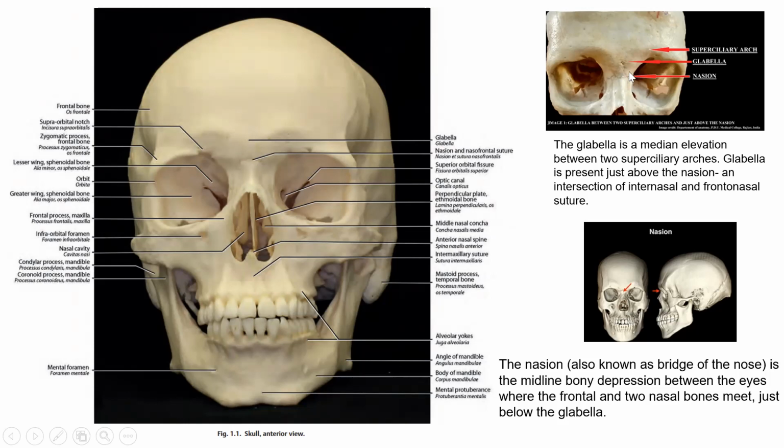The nasion is a little bit inwards, while the prominence above it, with a slight depression, is the glabella. The nasion is the bridge of the nose, the midline bony depression where the frontal and the two nasal bones meet below the glabella.